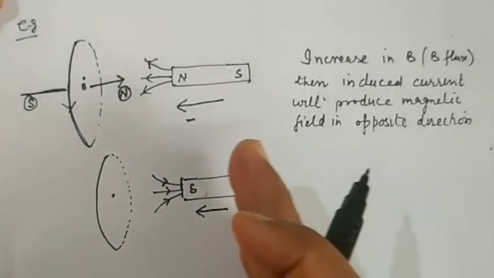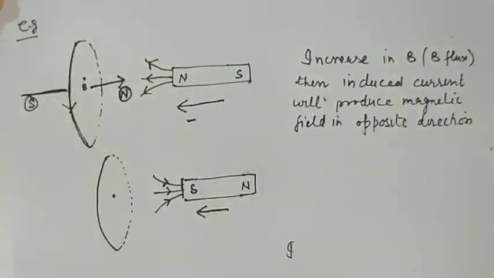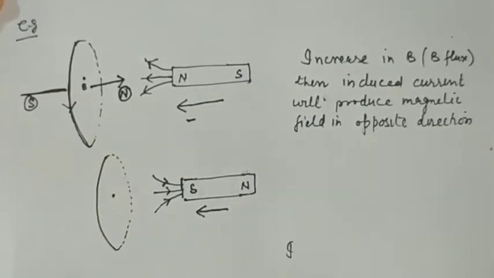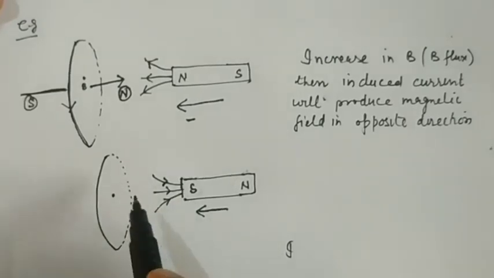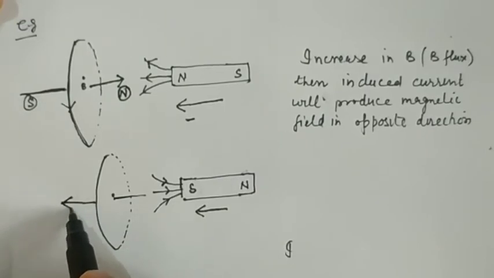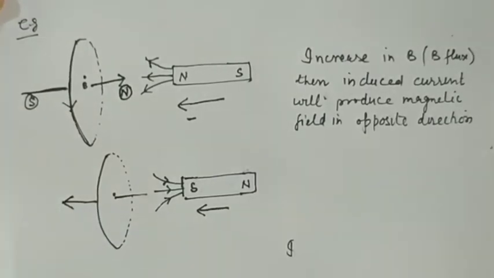Because of Lenz's law, the induced current is produced in this loop in such a way that it opposes the increase of magnetic field. How can it oppose the increase? By producing a magnetic field in the opposite direction. If it is along this direction, the opposite direction will be like this. So this is your direction of magnetic field.